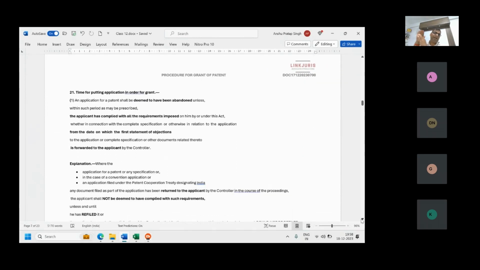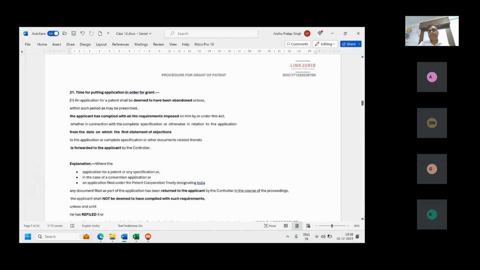This is how an applicant is getting substituted during the process of patent prosecution. When the patent is getting prosecuted during the application stage, this is how they will be substituted.